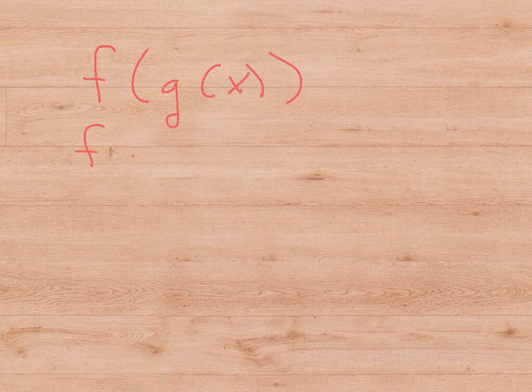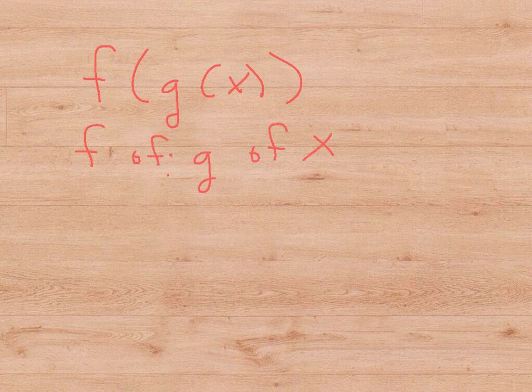Oftentimes we instead do this. We will say f of g of x. Oops, sorry for making mistakes tonight. Of g of x. That's how you would read that.